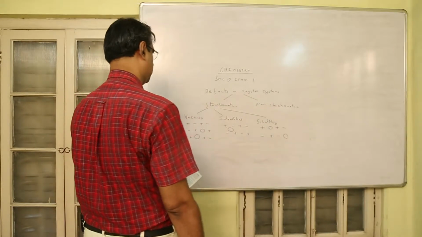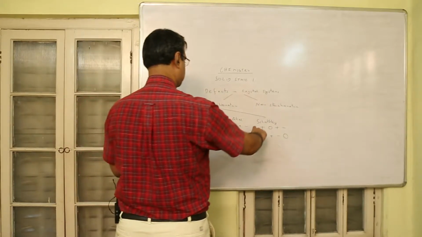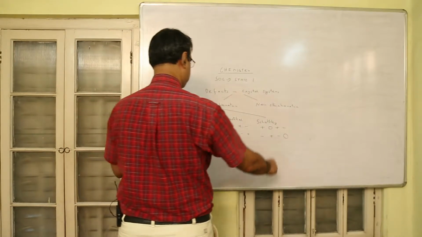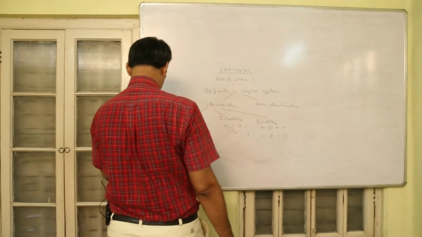So that is known as Schottky defect. So say for example in this particular diagram you can see that for every anion missing there is a cation which is missing.